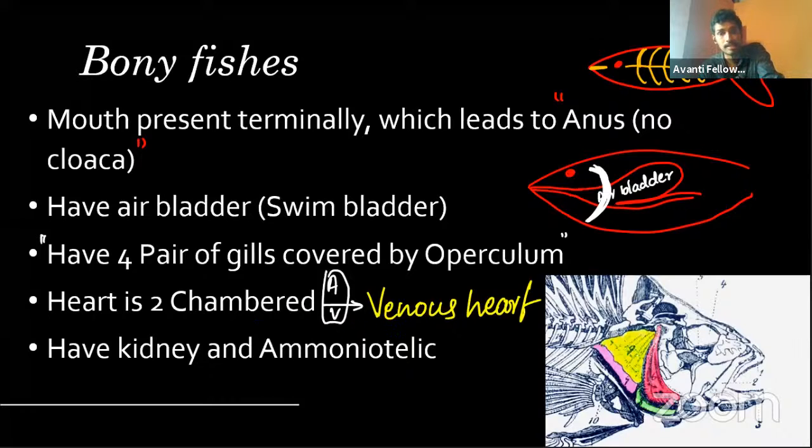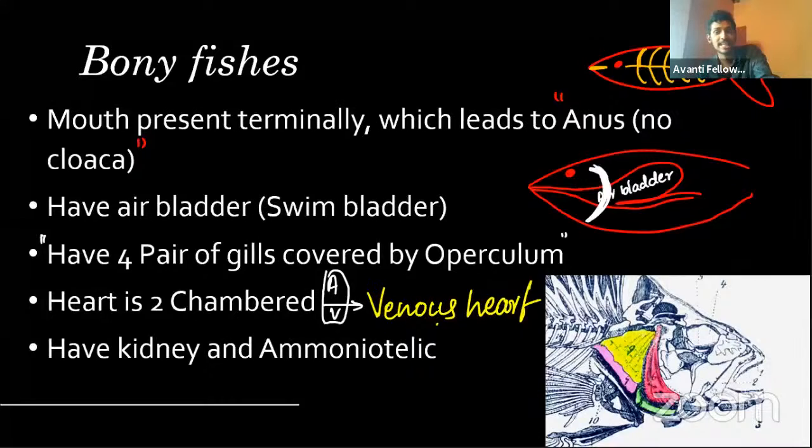These are called the venous heart. So what is the meaning of venous? Venous heart means the heart where only impure blood is fed. Not because it's in the shape of Venus; the spelling is different.